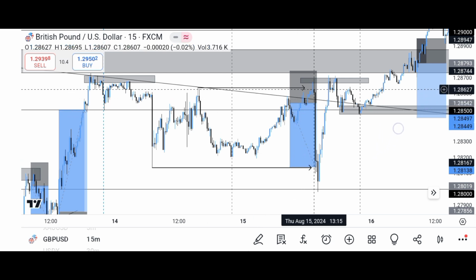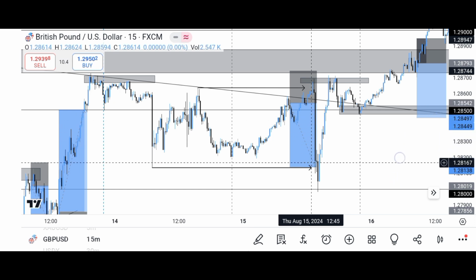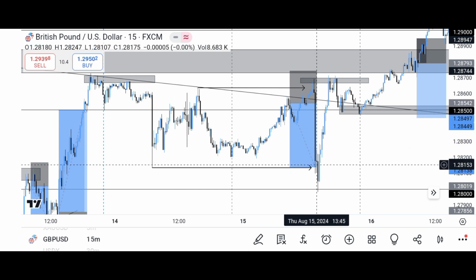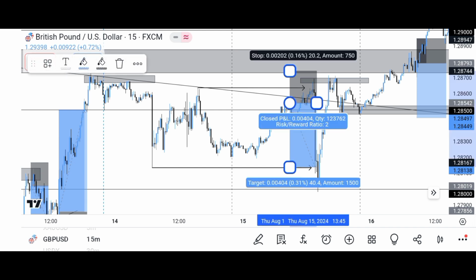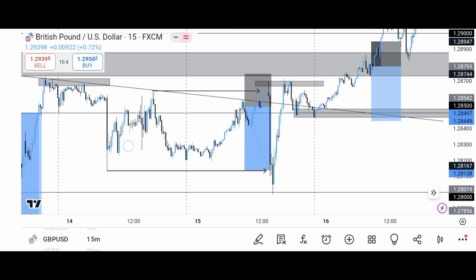Then there was news around 1:15 to 1:30 p.m. The market pushed down in my favor and hit my TP straight within 15 minutes, and I bagged about 40 pips that same Thursday.